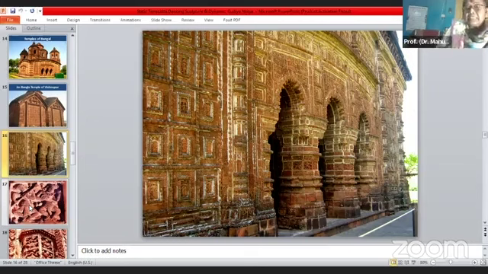So all these temples have three types of dance postures: Nritta, Nritya, and Natya. Natya means the Putana Moksha, or Vastra Harana, or Nauka Vilash. So many. These are post-Chaitanya era temples.